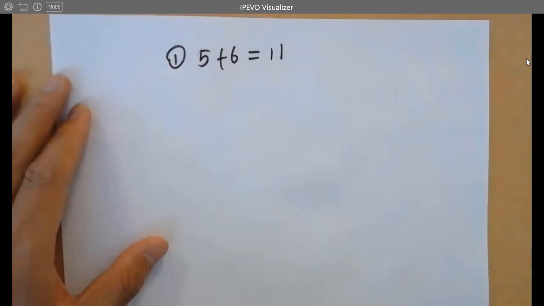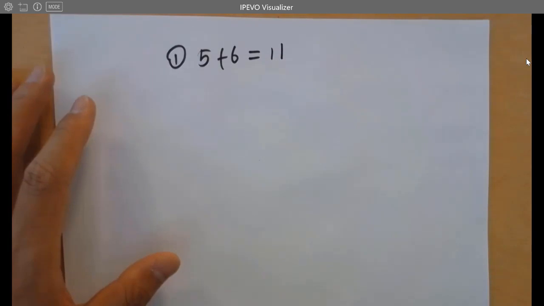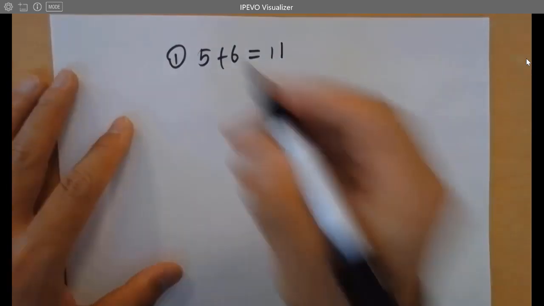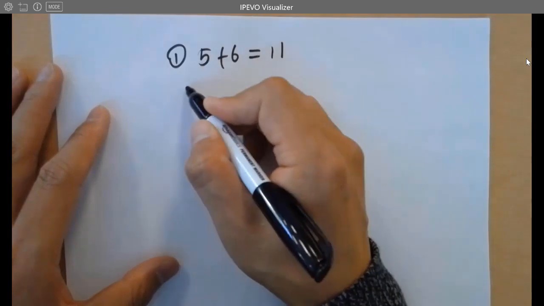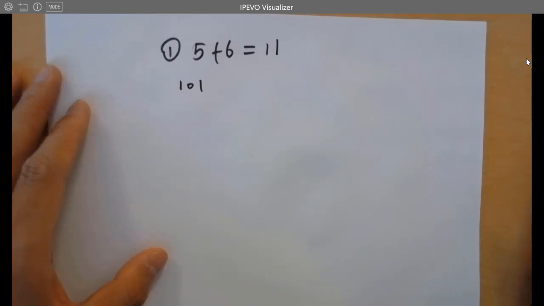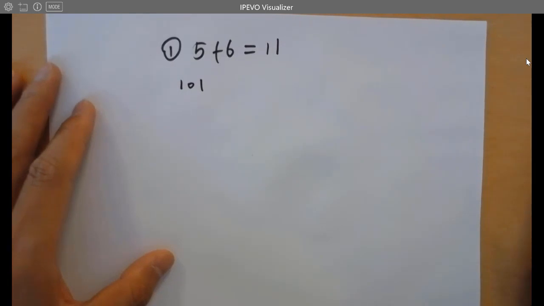It's 11, right? That's a result. Do you have overflow? So 5 is 101, is that right? Yeah, that's 5.